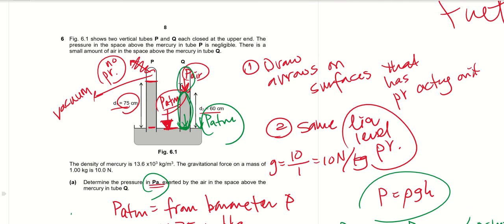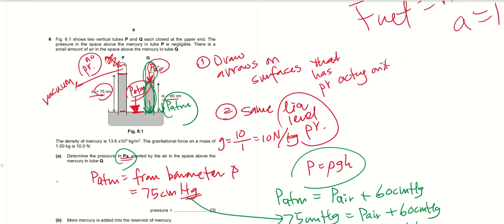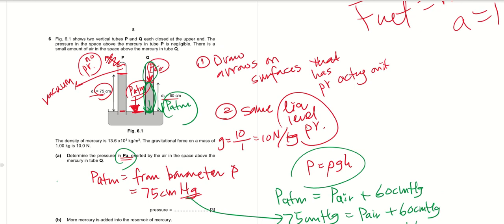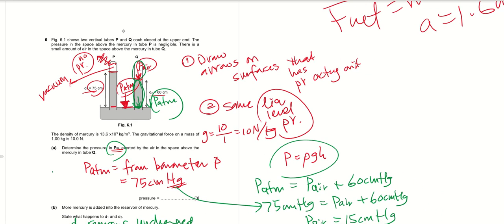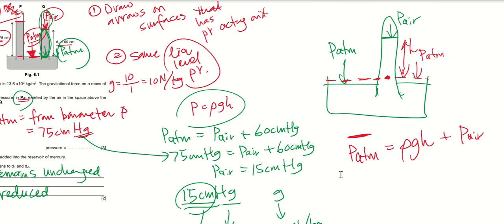I'm trying to explain why D2 is reduced. Look at the green color. That was before I increased the height of the mercury in the reservoir. PATM is equal to this height plus P air. So this was the previous case.